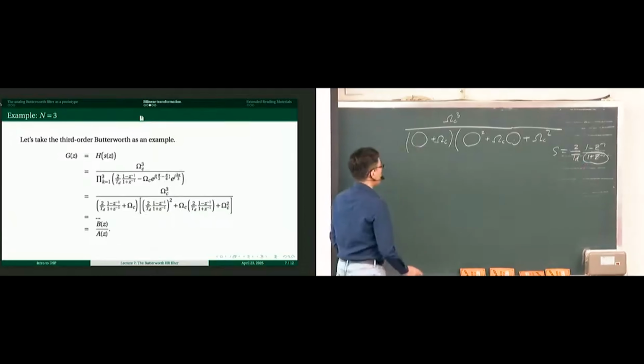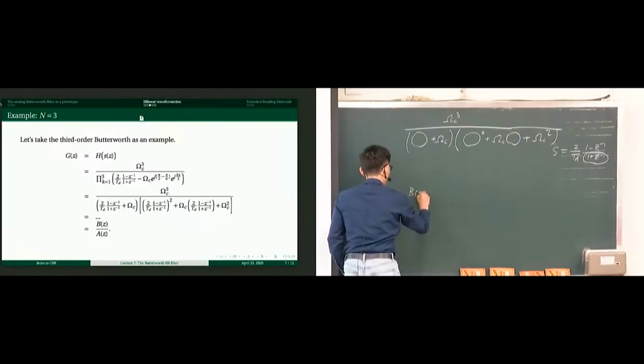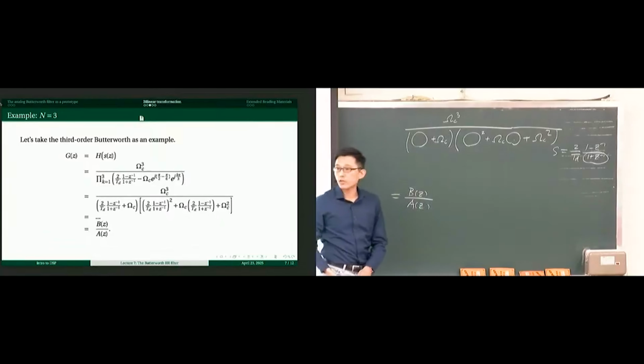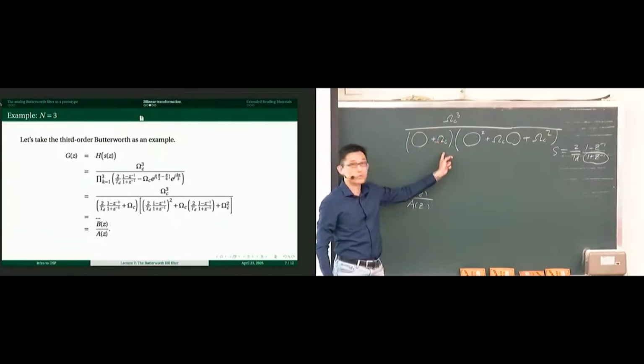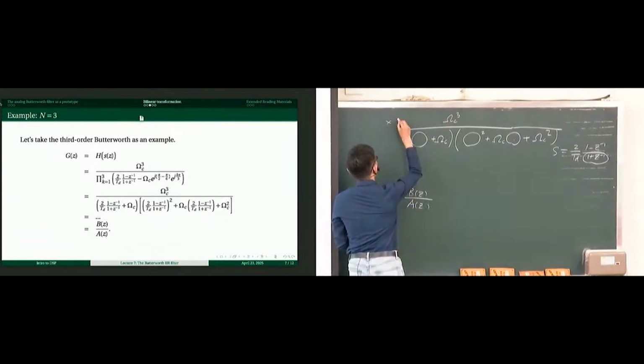So to organize the final expression into the format of B(z) over A(z), I suggest that we multiply the top and bottom, 同乘以, we multiply top and bottom with 1 plus z inverse to the third power, okay?